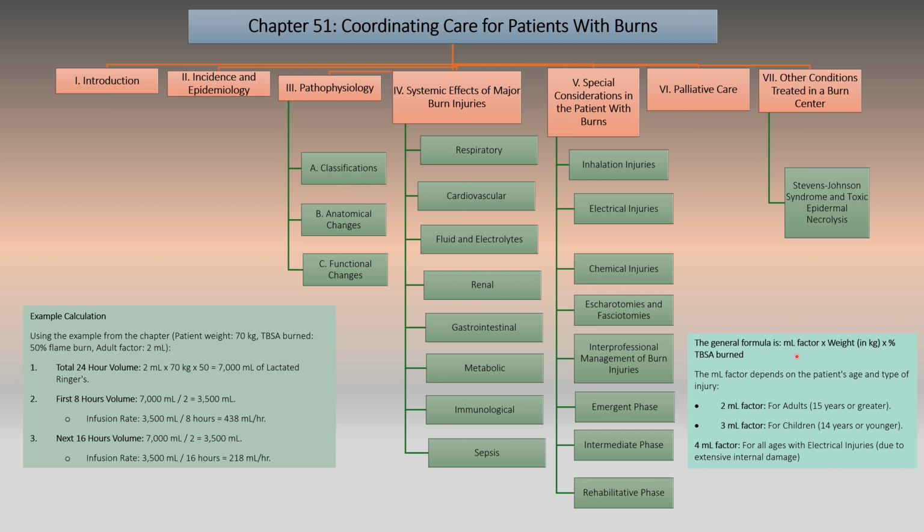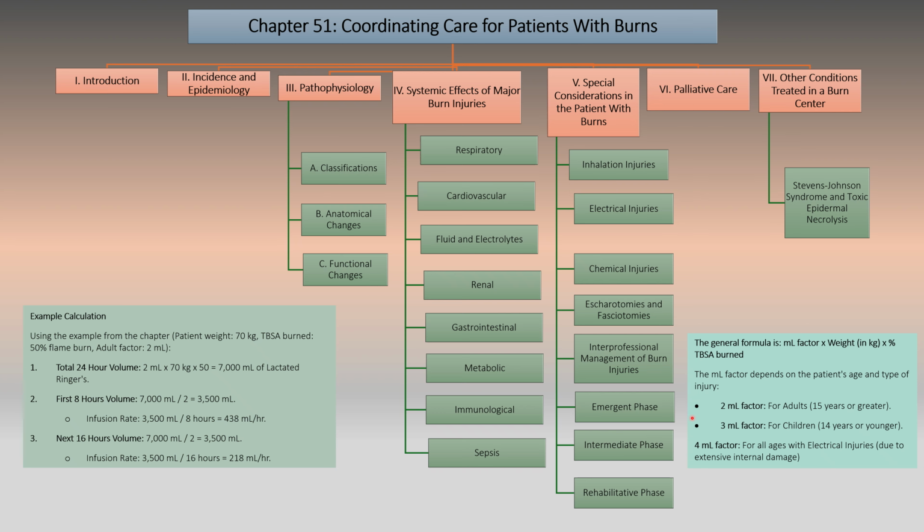The mL factor used in the calculation depends on the patient category: 2 mL for adults 15 years or greater, 3 mL for children 14 years or younger, 4 mL for all ages in electrical injuries due to extensive internal damage.